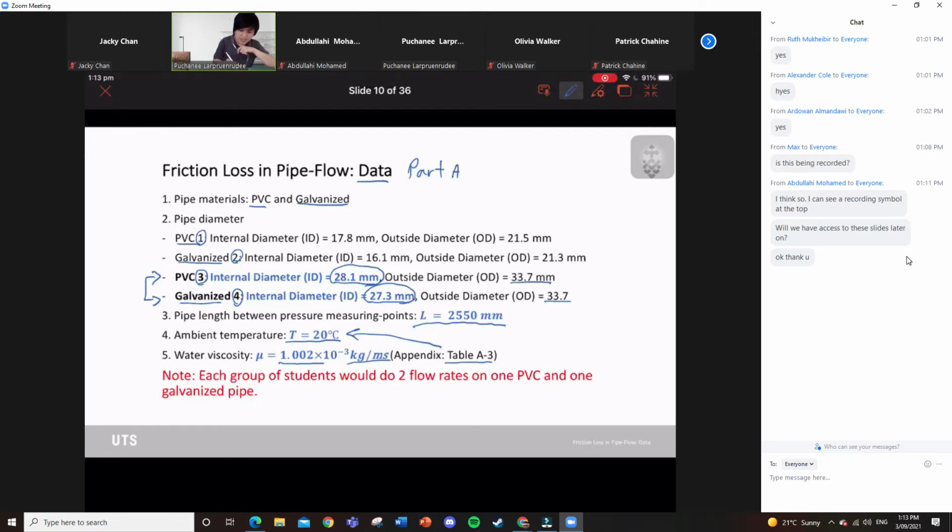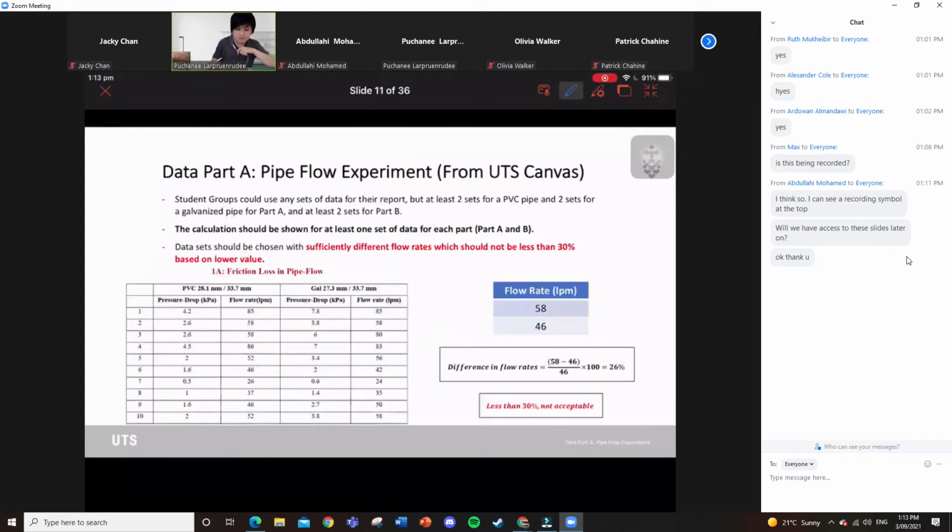So each group of students would do 2 flow rates on one PVC and one galvanized pipe. It means that you have to select 2 sets for the PVC and 2 sets for the galvanized. And the difference of the flow rate should not be less than 30%.